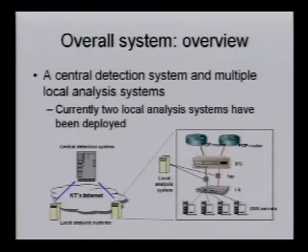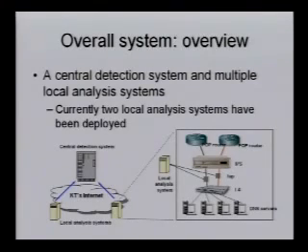Our system consists of one central detection system and multiple local analysis systems. A local analysis system has been installed per DNS server farm. A local analysis system is attached to a DNS server farm through two taps. These two taps are located in between the IPS and the layer 4 switch.